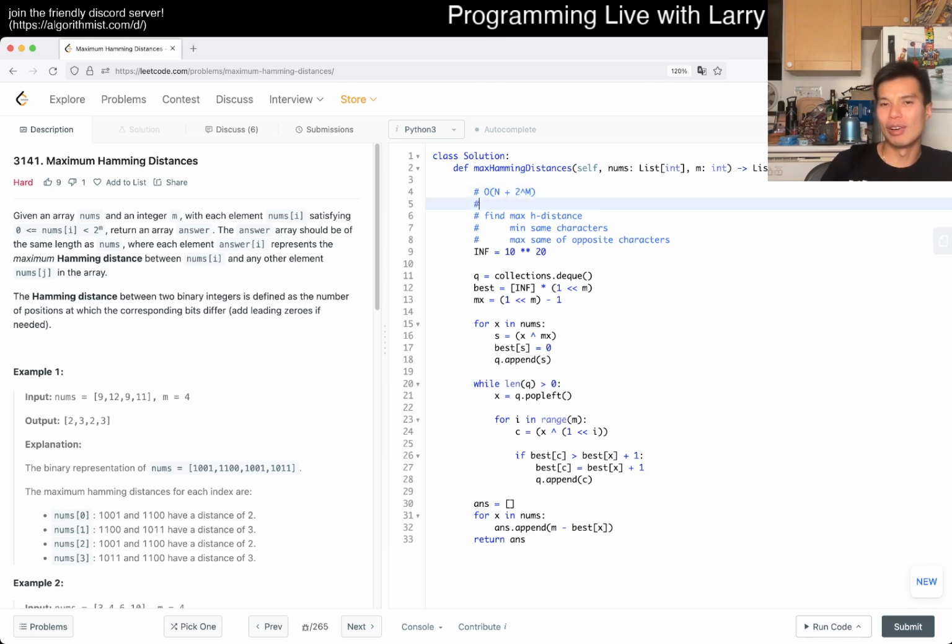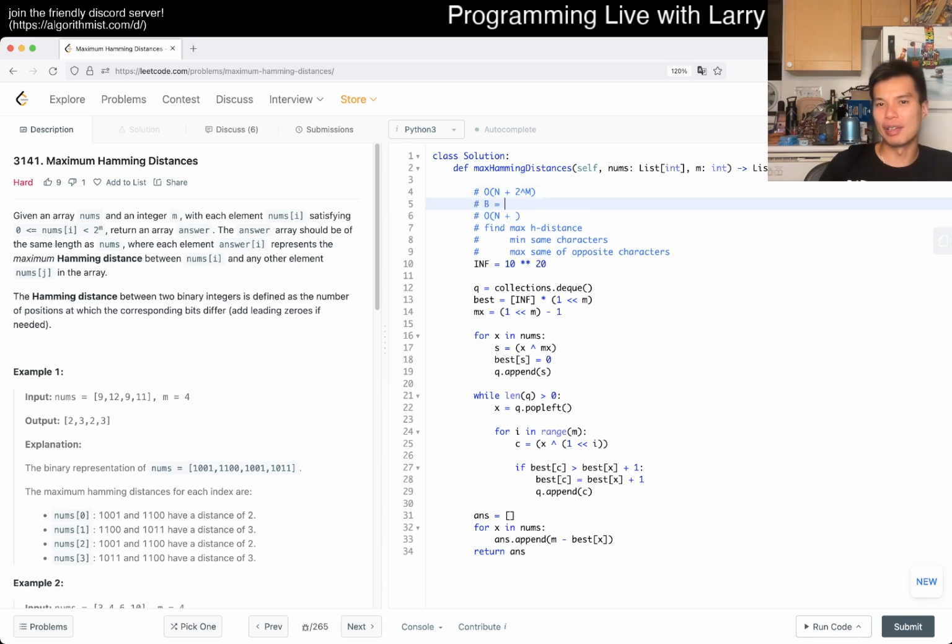The input size is actually, let's say b is the number of bits to represent the number m, right? Then this is actually O of n plus b, or 2 to the... oh wait, I guess they give you m and 2 to the thing, so maybe this is right, I don't know.